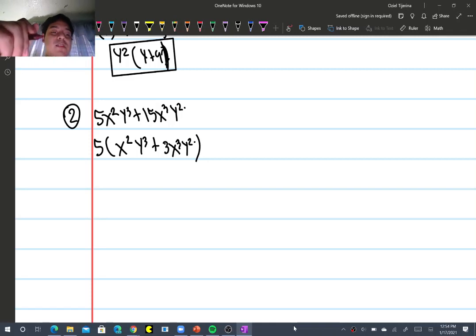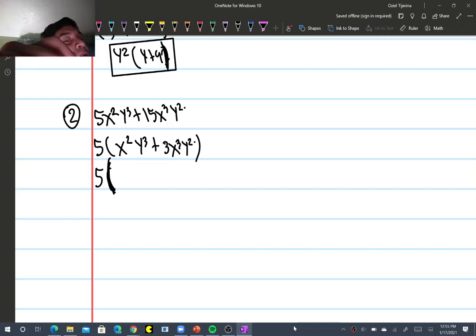Now we want to factor out the inside. Both have a y in common, or rather, they have a y squared in common, because y cubed is just one more than y squared.